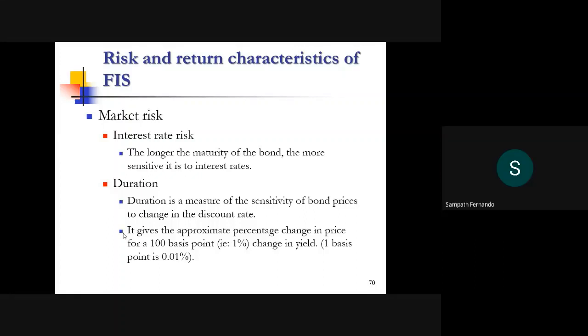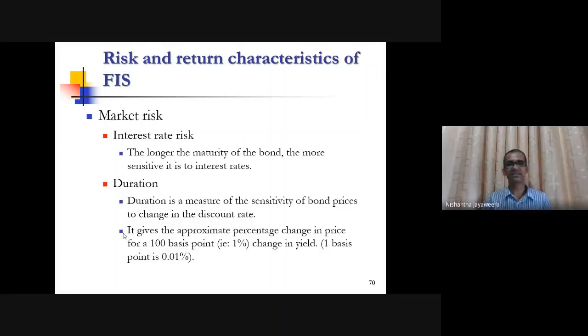Inverted yield curves do exist in the market. Yes, during recessions that happens. If you go back to around 2007 and get the US yield curve, you can clearly see an inverted yield curve.